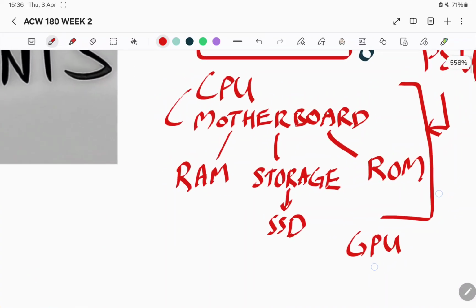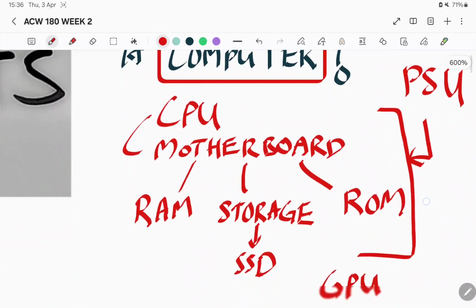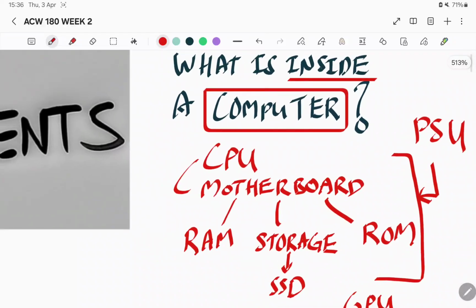So this is the simple, general overview.